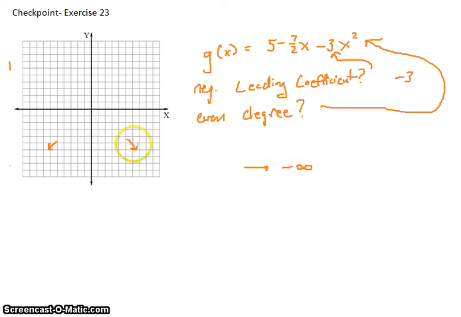So it keeps going down and it doesn't stop as x goes towards positive infinity. It's going towards negative infinity as x goes towards negative infinity.